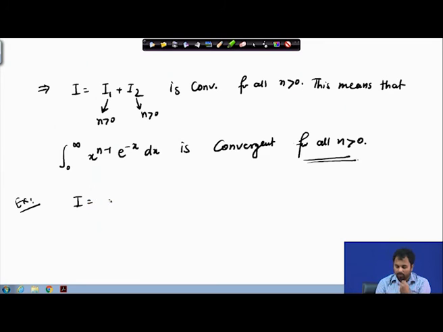Similarly, we have an integral of this type. Let us say I equals the integral from 0 to 1 of x to the power m minus 1 times 1 minus x to the power n minus 1.